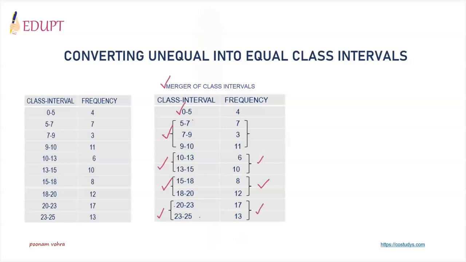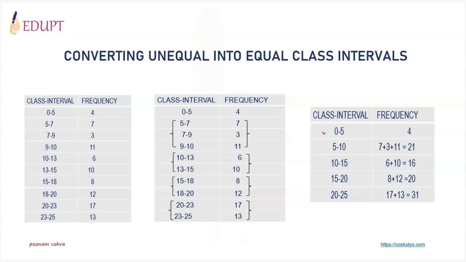So the outcome would be: first class interval 0 to 5 as it is. There is no change. Next class interval is 5 to 10. So we have clubbed 7, 3 and 11 as the frequencies to get 21. Then we can add 6 and 10 against these class intervals to make a class interval of 10 to 15 and club the frequencies to make it 16.